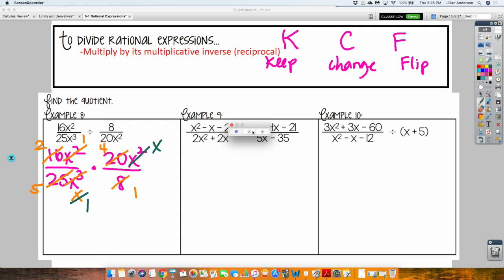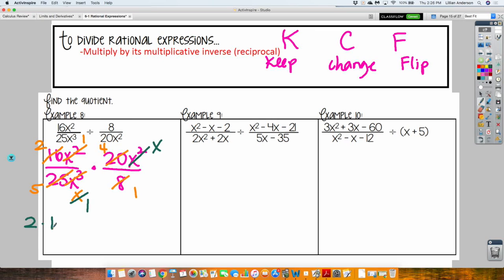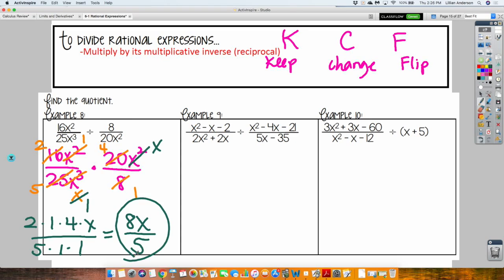Okay, so I'm going to multiply everything through. I have a 2 times 1 times 4 times x at the top. What does that leave me with? 8x. And along the bottom, I have 5 times 1, which is 5. So 8x over 5.